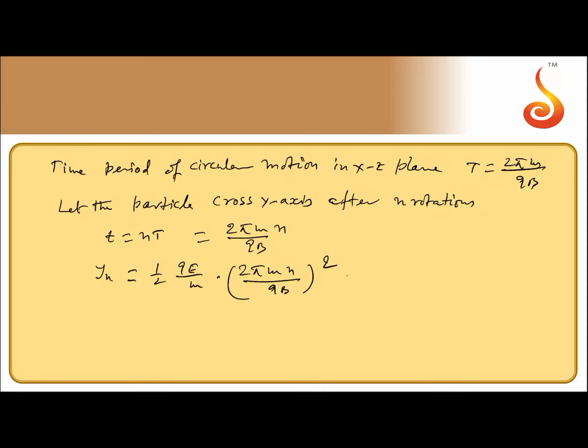So this will be equal to 2 pi square m n square e by qb square. So this is your option A.